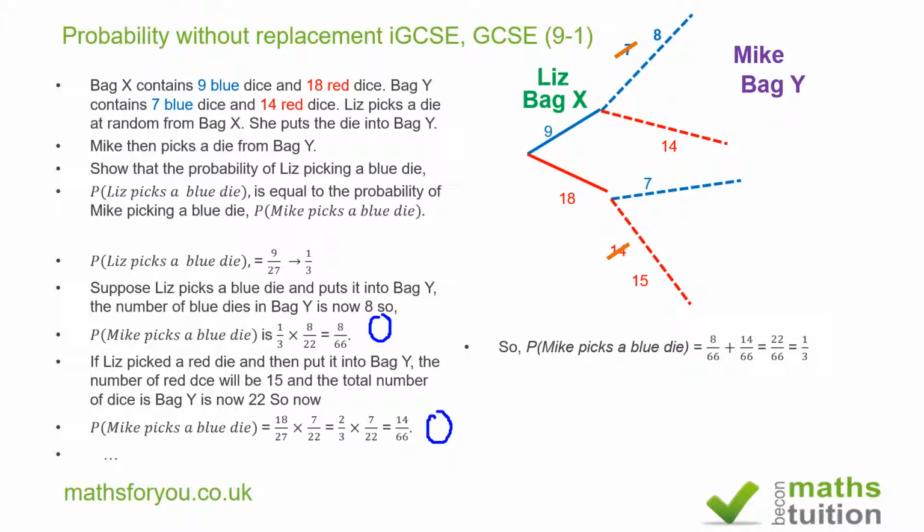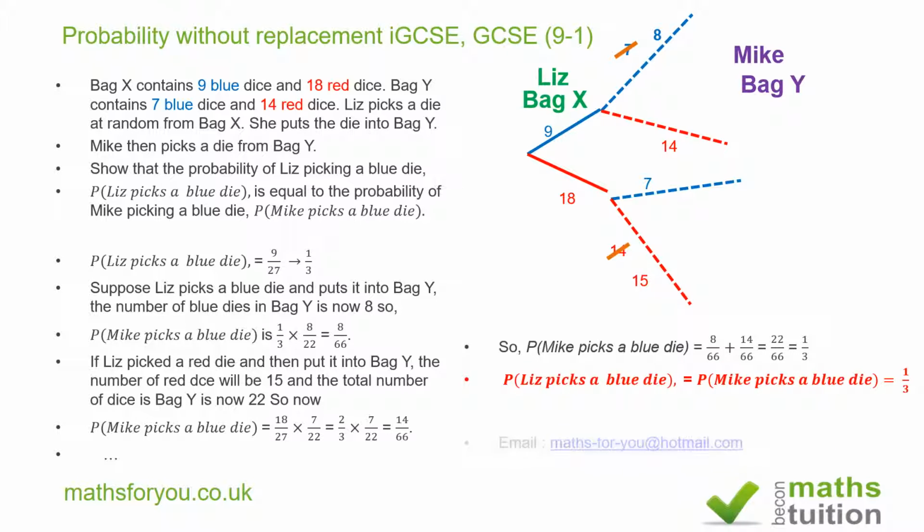And because we've got the word or, we then add. So we add 8/66 and 14/66, and that gives us 1/3. So both probabilities are the same, which is 1/3.